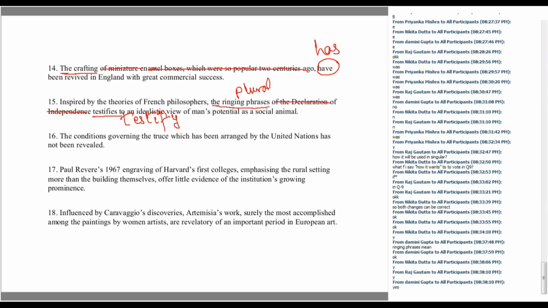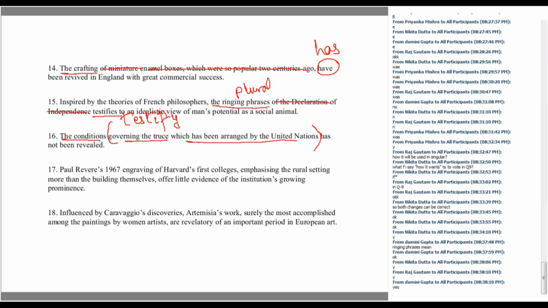Number 16. The conditions governing the truce, which has been arranged by the United Nations. So it is the conditions that we are talking about. These conditions govern the truce. The truce has been arranged by the United Nations. All this is extra information about the conditions.